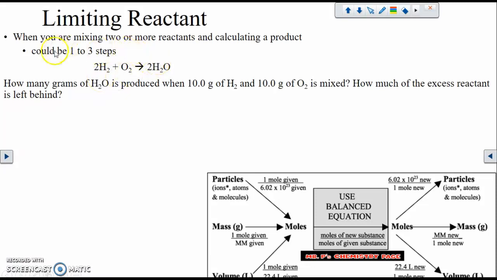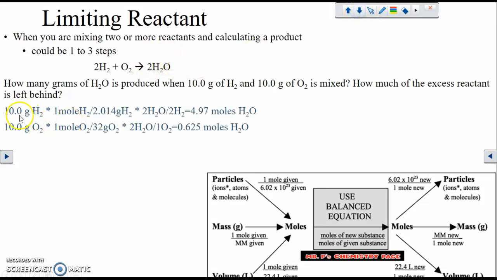If you have three reactants and three products, God forbid, you can pick any of the products to figure out which one is the limiting reactant. So it's just a mass-to-mole problem for both of them, and we're going to the moles of the common product.